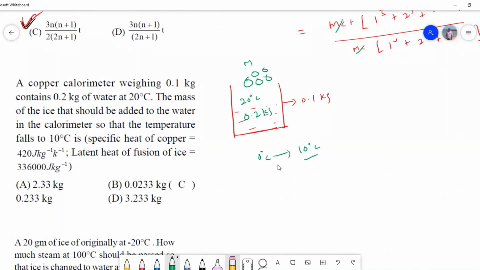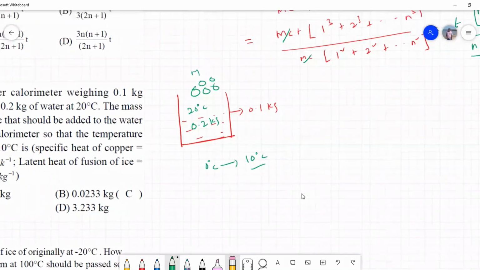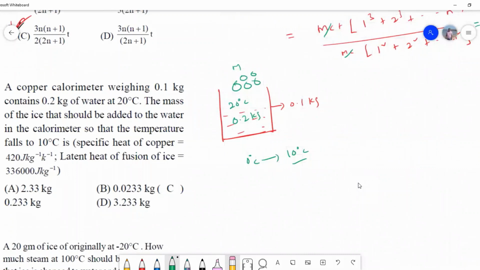Then, first one, here what is asked is the mass of ice. You need to calculate. Okay, so we have to find out the mass of ice. So here we can understand that heat gained by ice is equal to heat lost by water and calorimeter.